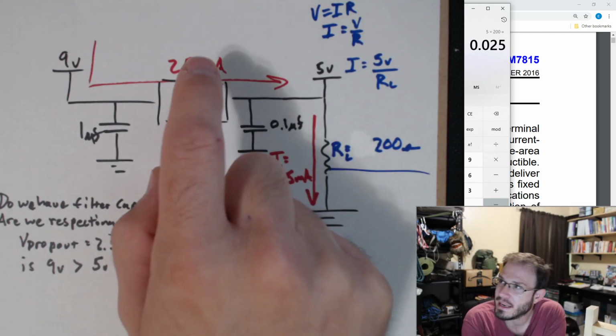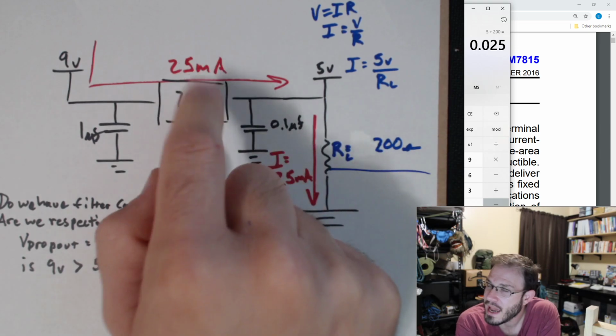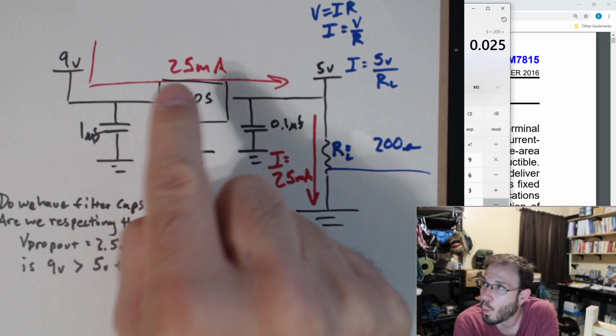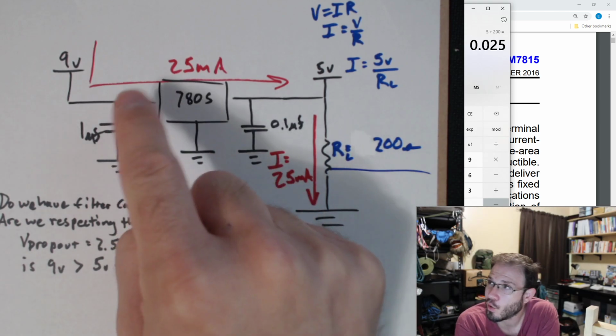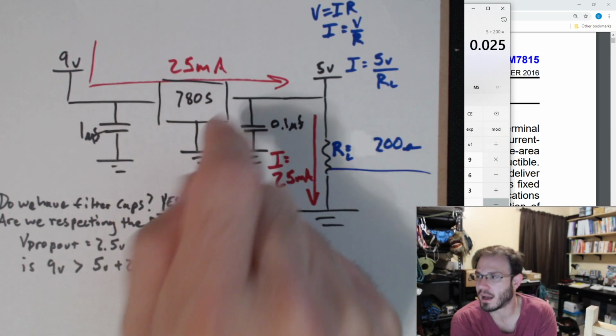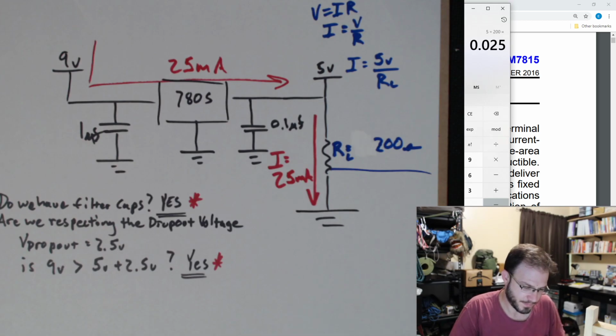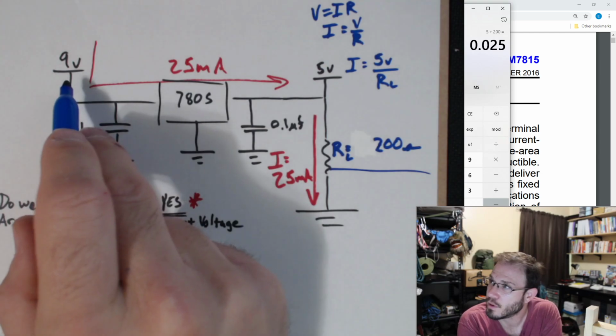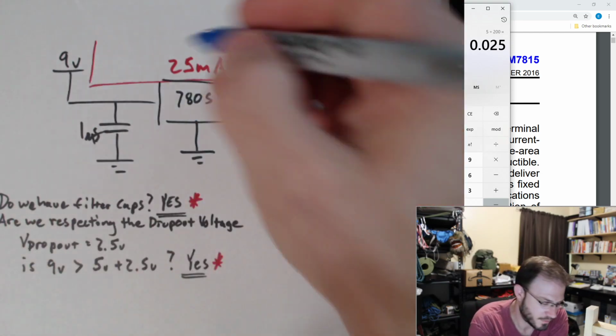Okay, so we know from this setup we have 25 milliamps going through our 7805. What is the voltage drop across the 7805? Notice we have 5 volts here, we got 9 volts over here.